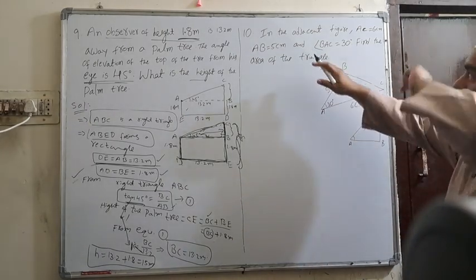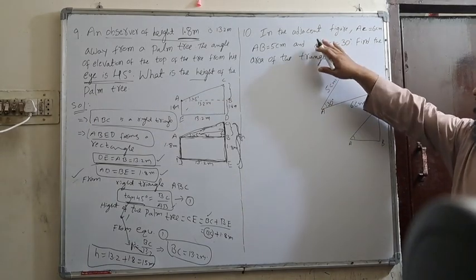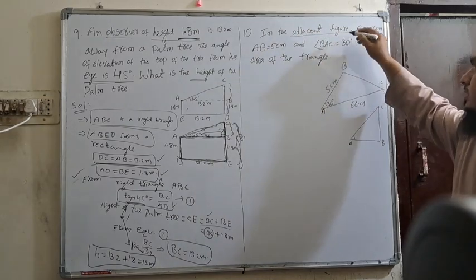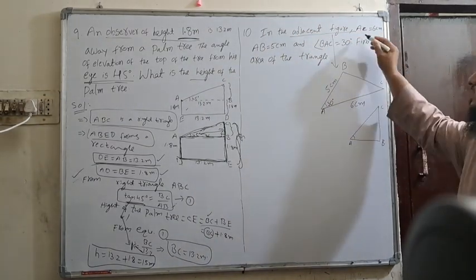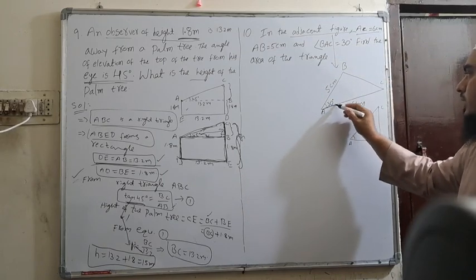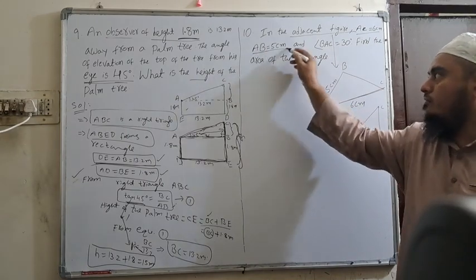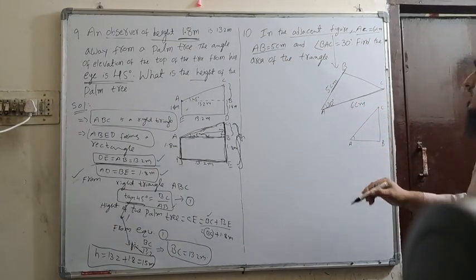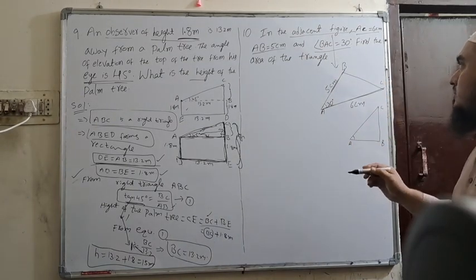Now next we have another problem where they have given this diagram, and they said in the adjacent figure, here it is drawn below. In the adjacent figure, AC is given, that is 6 centimeters, and they have given AB equal to 5 centimeters, and they have mentioned angle BAC is equal to 30 degrees.